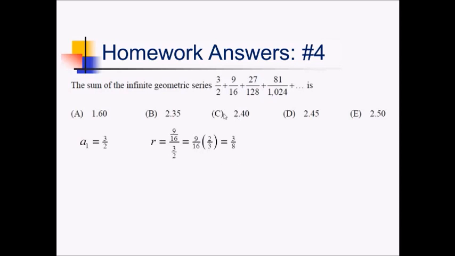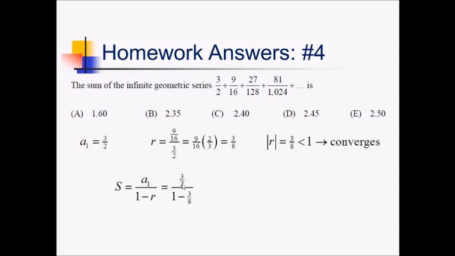Now in this problem, they didn't have an option for diverging, but let me just check to see if this converges just for the sake of doing it here. My common ratio absolute value is 3/8, and that is less than 1. So we know for sure that this is going to converge. So let's see what it converges to. I need my infinite sum formula, a1 over 1 minus r. This is going to be 3/2 over 1 minus 3/8.